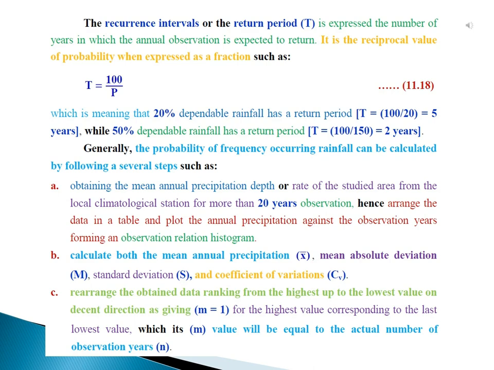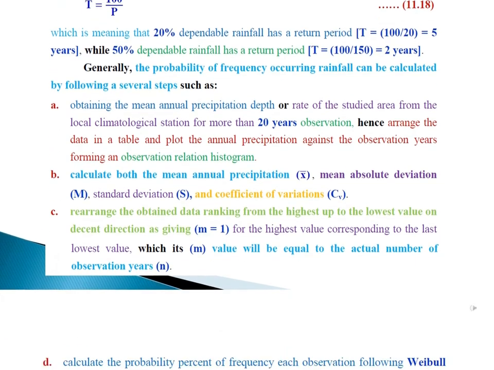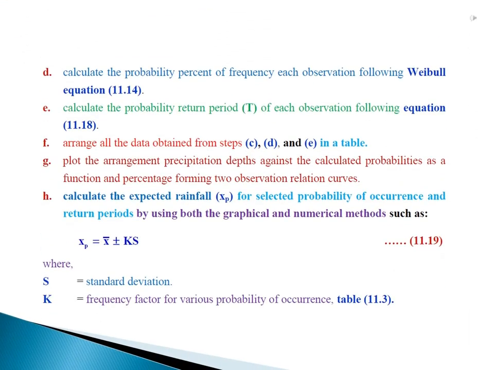Generally, the probability of frequency of occurring rainfall can be calculated by following several steps as shown in front of you, my dear. My dear, look, there are steps of calculation of the probability of frequency of occurring rainfall.